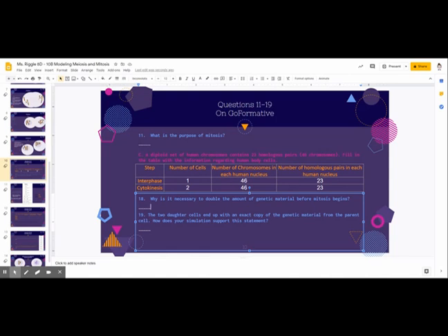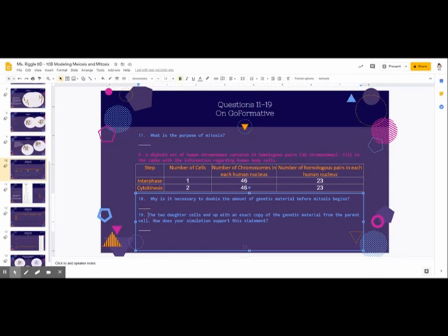Maybe you said something about daughter cells. Maybe you said something about just the fact that you can't start with one and then split it in half and expect to have the same amount. You have to double it before you divide it.